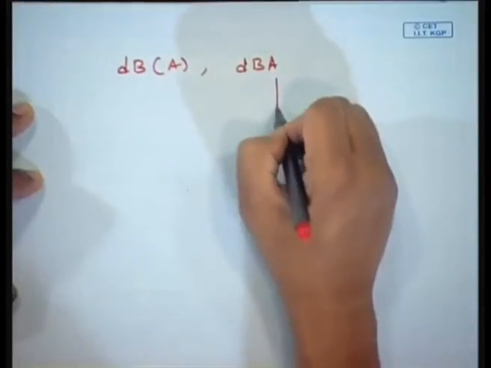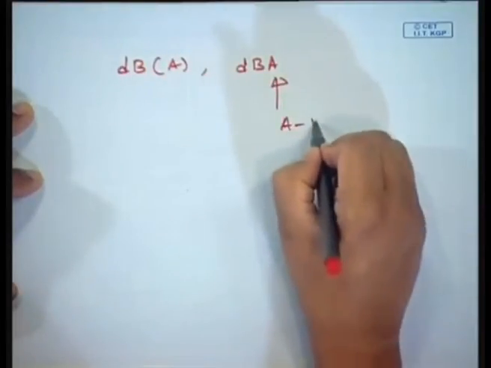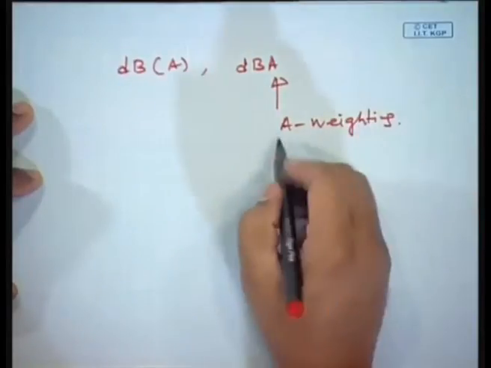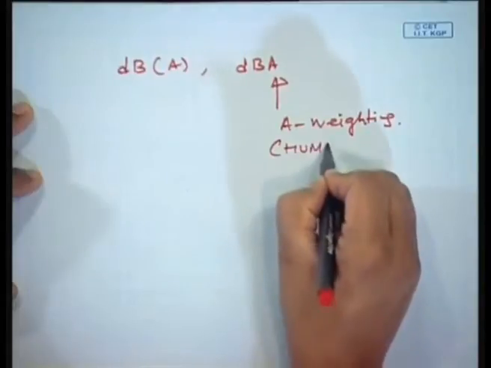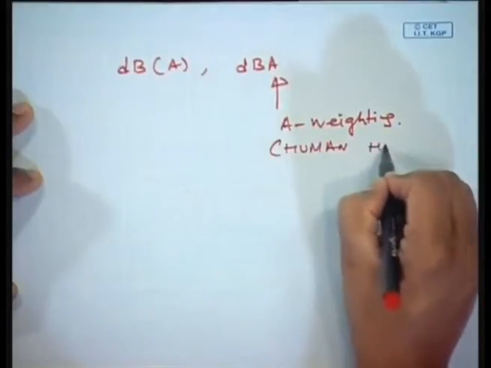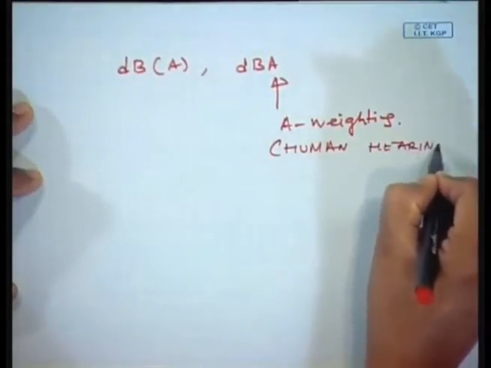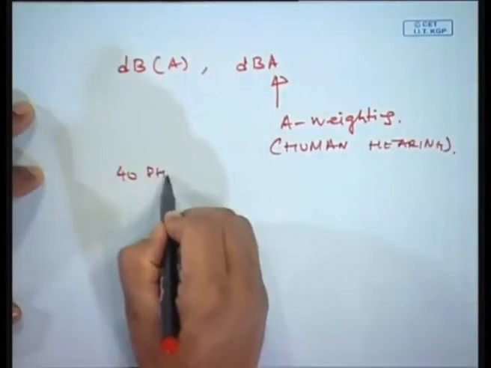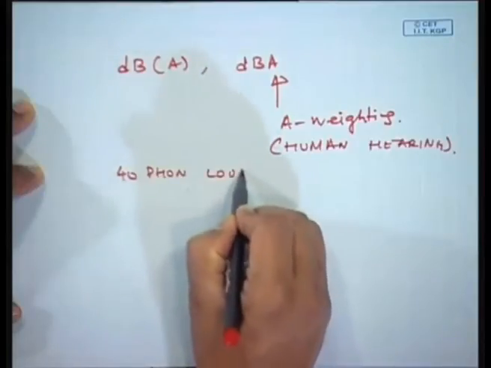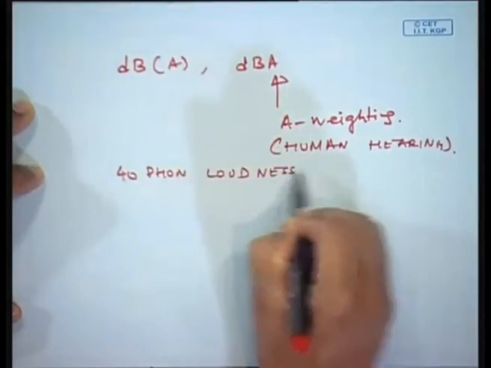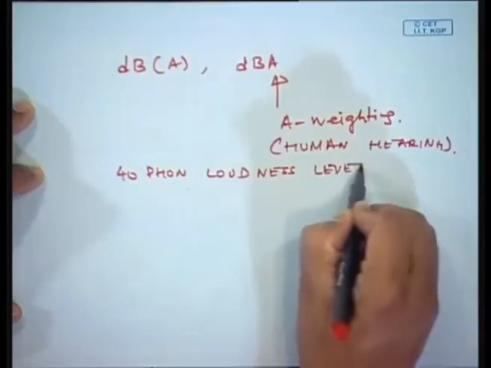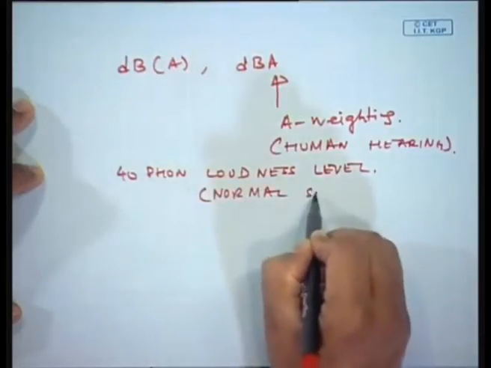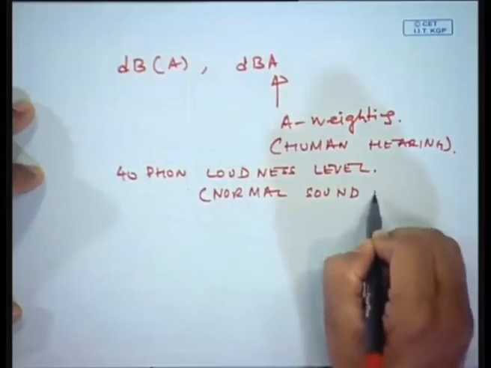This means the A weighting, because of human hearing, and this is measured at a 40 phone loudness level, and that corresponds to normal sound pressure.